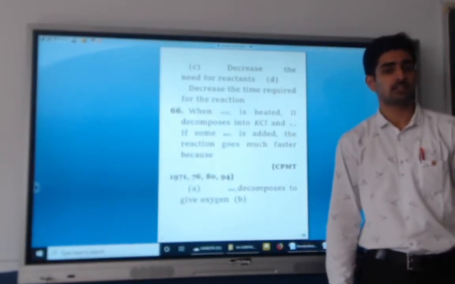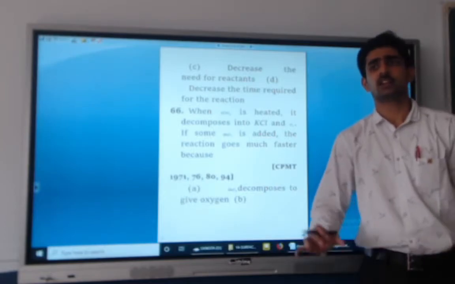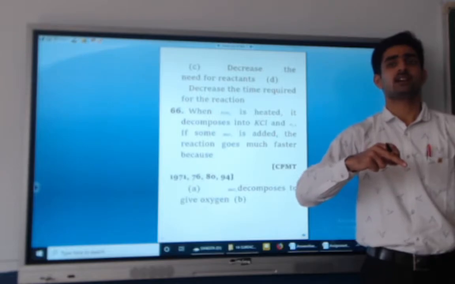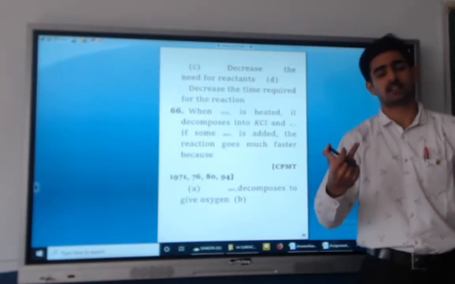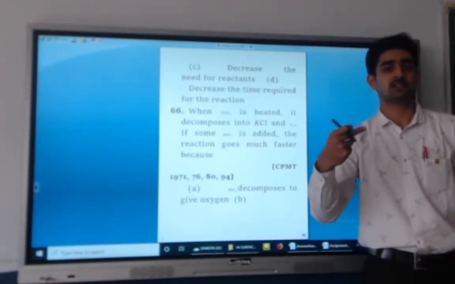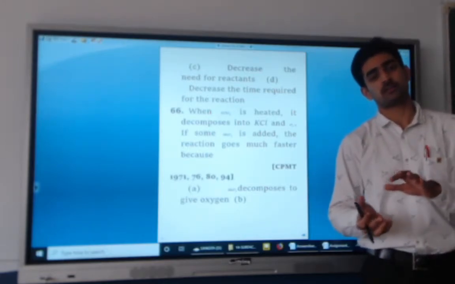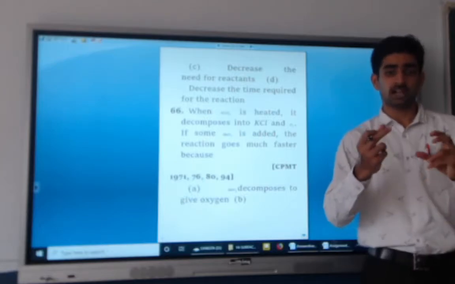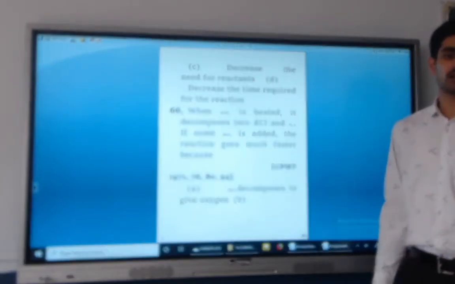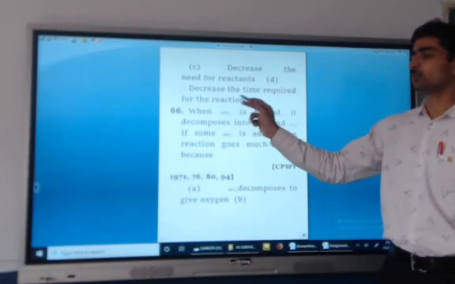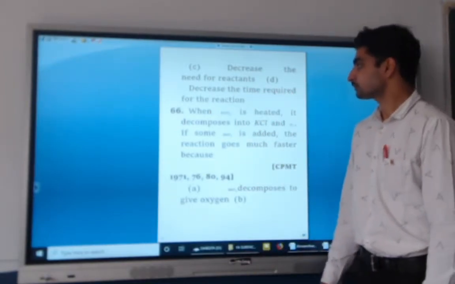The main purpose of using catalysts is to increase or decrease the rate of reaction, that is, to change the time taken for the formation of the product. That can be altered by using a catalyst. So the option is decreases the time required for the reaction.